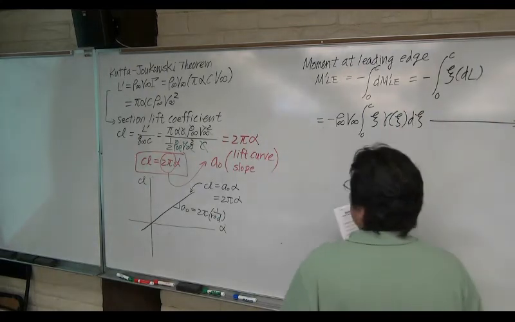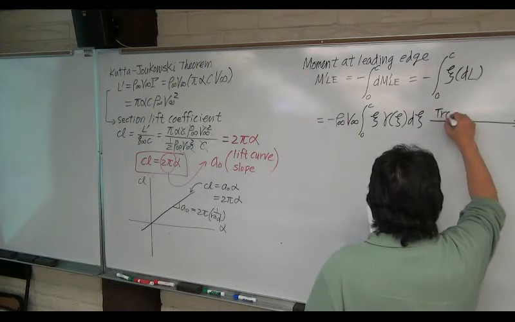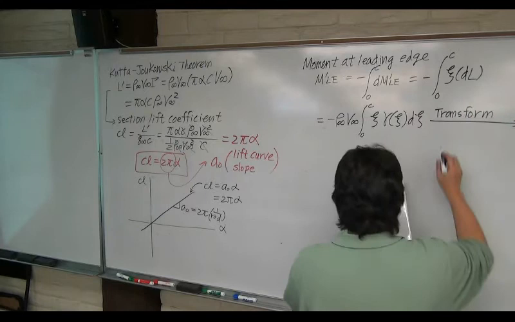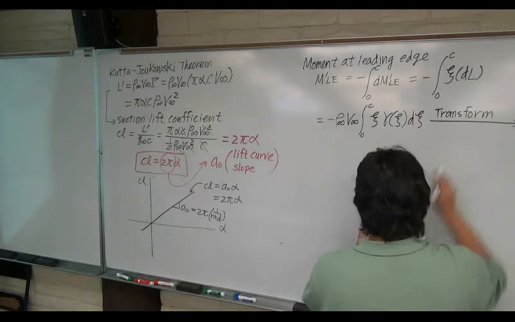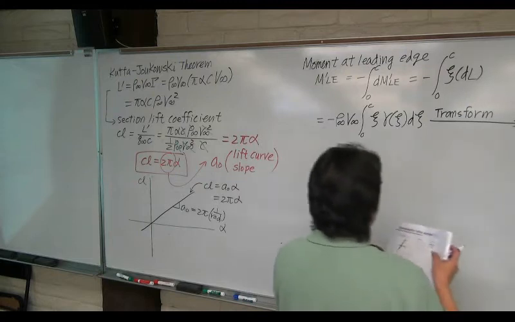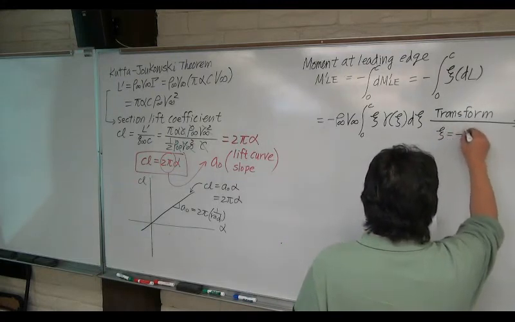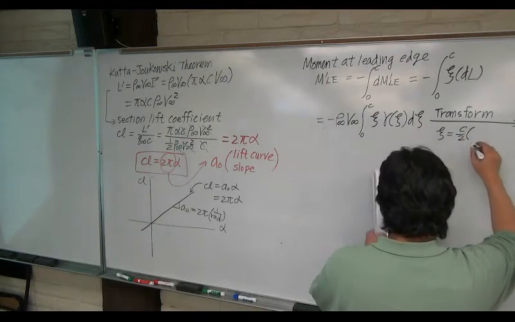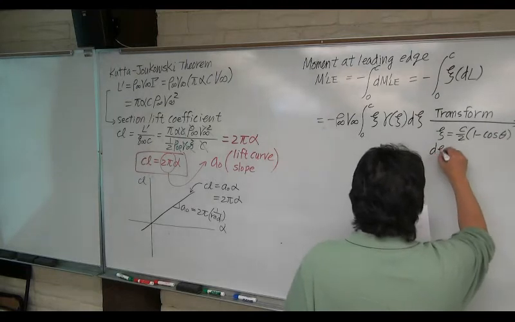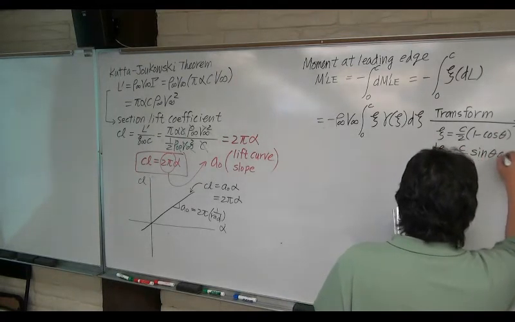Once again, you're going to do a transformation. Transform xz into theta, right? So xz is half c times (1 minus cos theta), dxz is half c sin theta d theta.